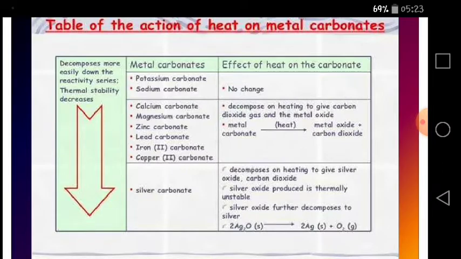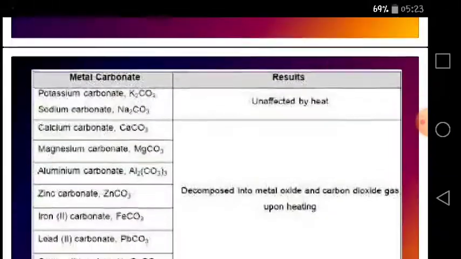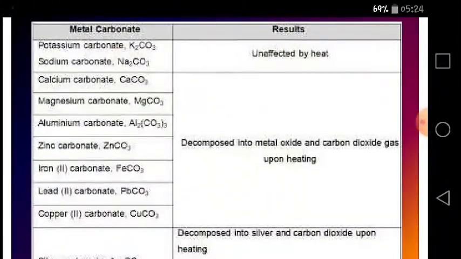Dear students, silver oxide produced is thermally unstable. Silver oxide further decomposes to silver, as you can see from this equation. So on the basis of this we can make this reactivity series.